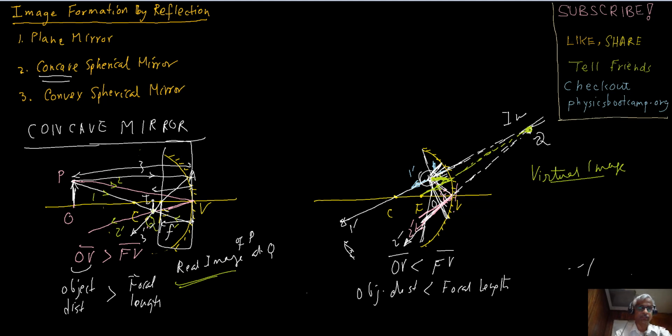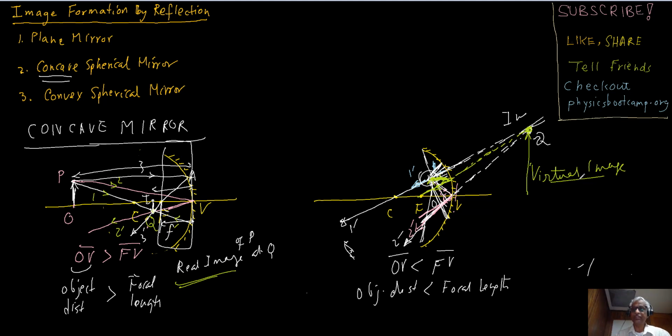This was upside down, so if this was an arrow here, then this is going to have the same orientation as that, and it's going to be magnified actually. So this is one way to magnify the image, right? So you can see a virtual but magnified image.